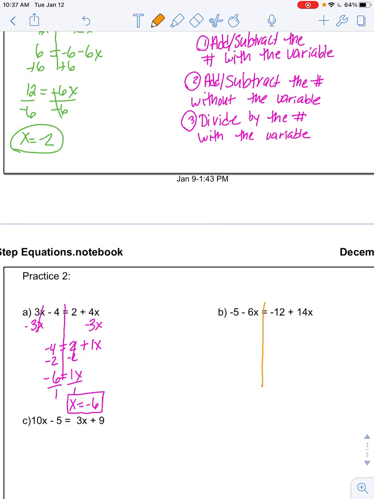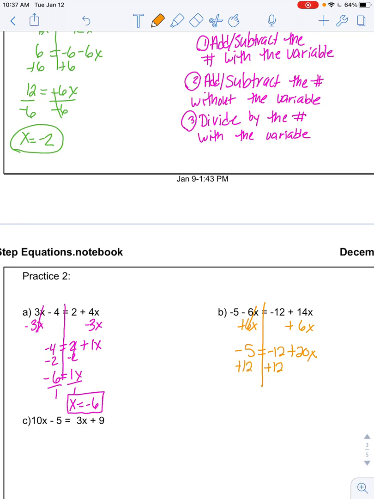All right, next one we got negative 5 minus 6x equals negative 12 plus 14x. I'm going to add 6x to each side. So I got negative 5 equals negative 12 plus 20x. Then I move the number without the variable, so I'm going to add 12 to each side.